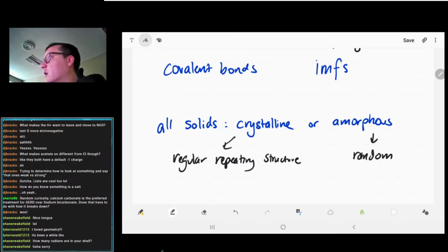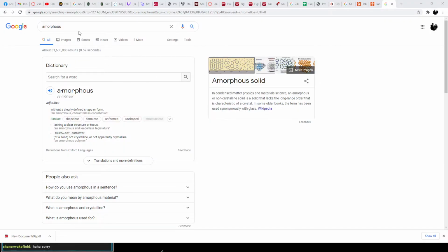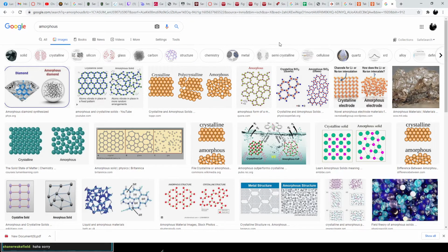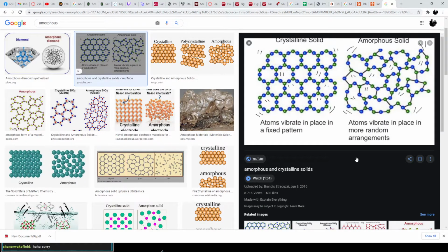So again, we're going to go to Google for this, because these drawings not only take a long time, but Google has better stuff. So let's see. Yes, just like we can see here, a crystalline solid is nice and orderly. It's got regular repeating units. For example, in this one we have this hexagon pattern that's just repeating over and over again.